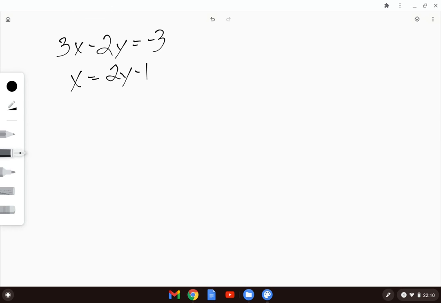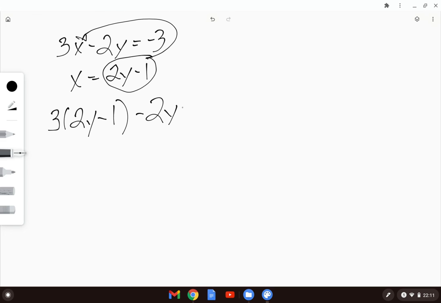All right, so this one isn't any different. Just instead of having y equals, we now have x equals. So we're going to do the same thing: take this expression and substitute it every place we see an x. So that's going to give me 3 times 2y minus 1 minus 2y equals negative 3.